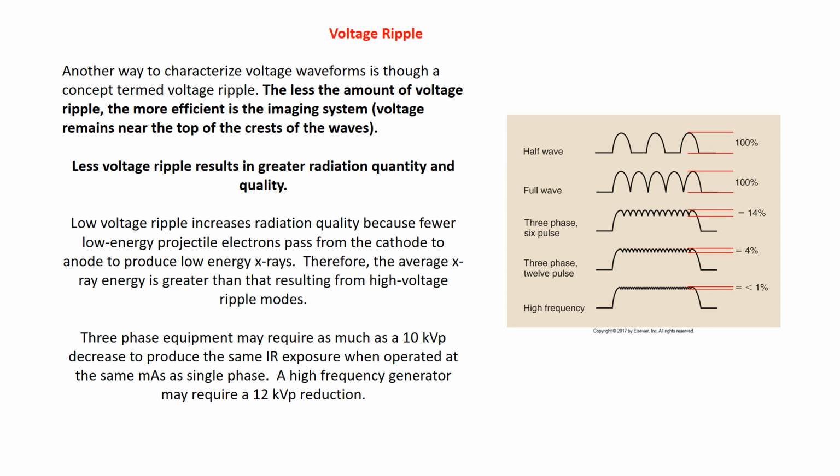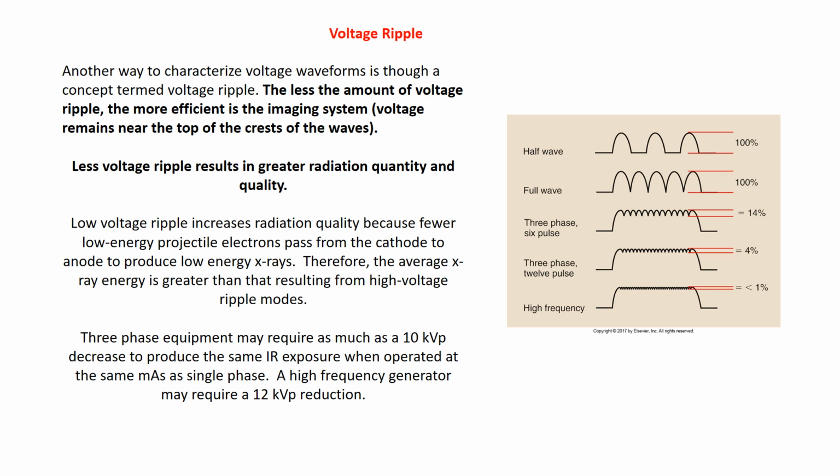And this is where we get to something called voltage ripple. Okay, just think about ripple like waves. If I had a still pond, and I took a stone and I threw it into the middle of the pond, I'd get these little waves, these little ripples. Kind of like what we're looking at here when we look at the waveforms for the electricity. So it says another way to characterize voltage waveforms is through a concept termed voltage ripple.